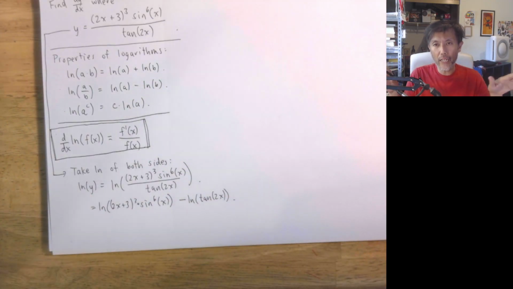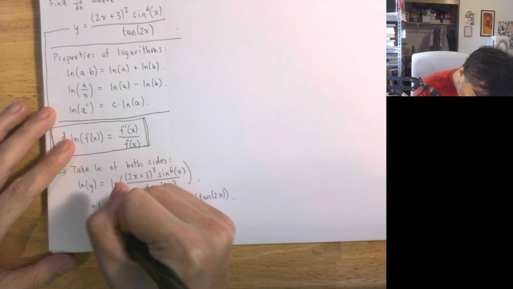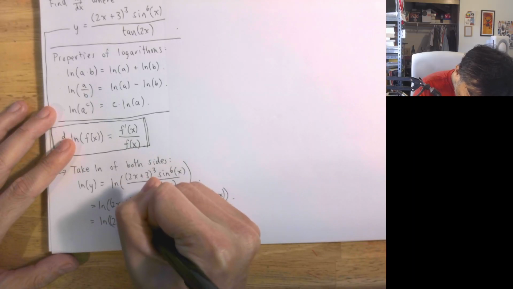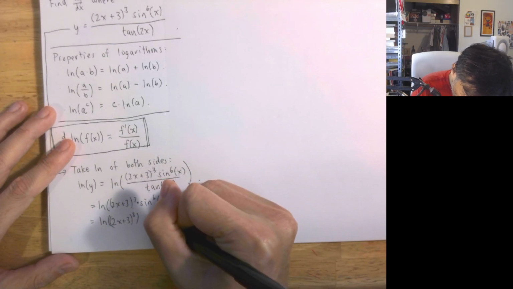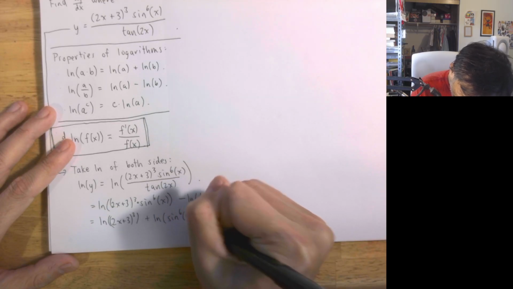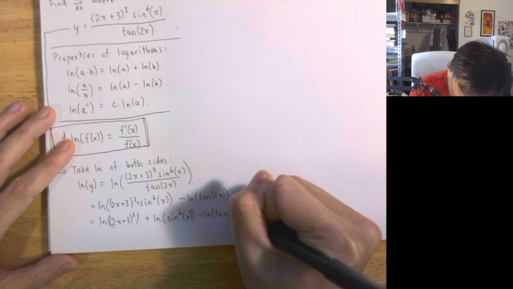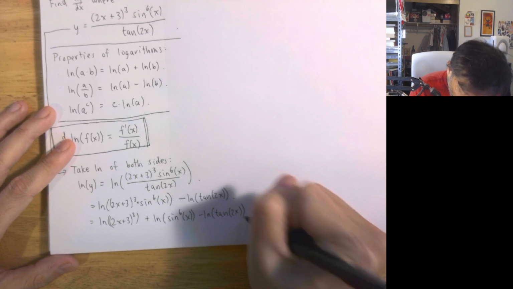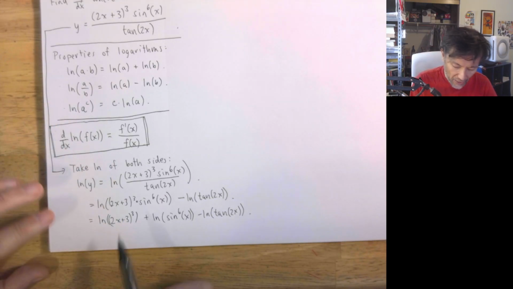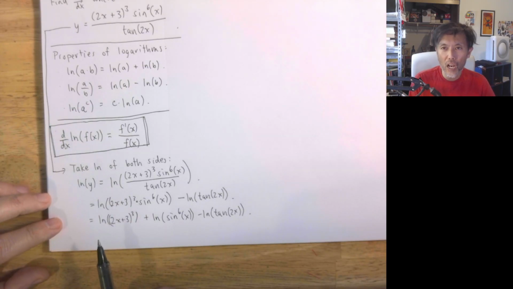We can break that up into a sum of logs. And then finally, we can use this property to take these powers and move them out front of the log.